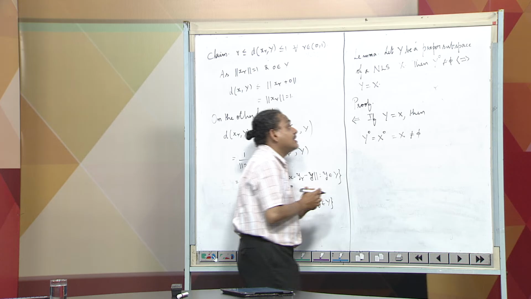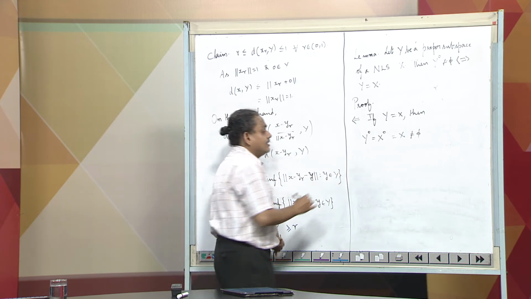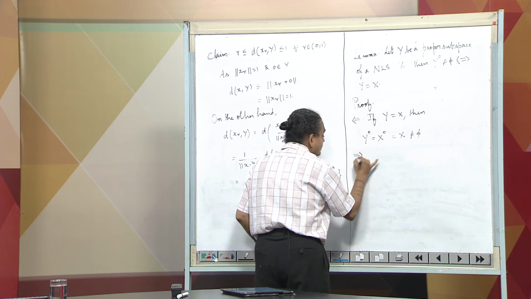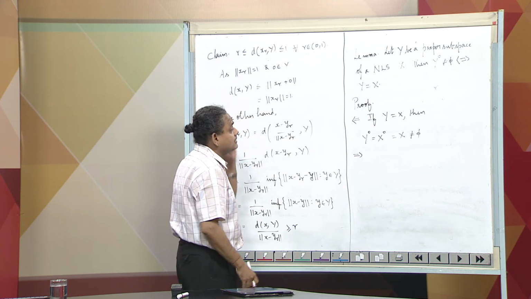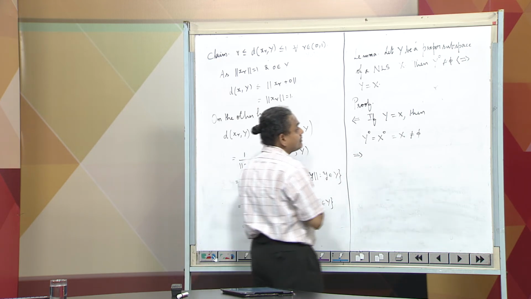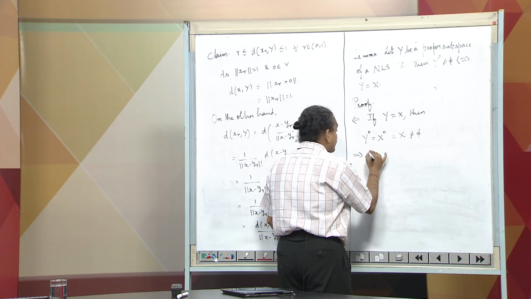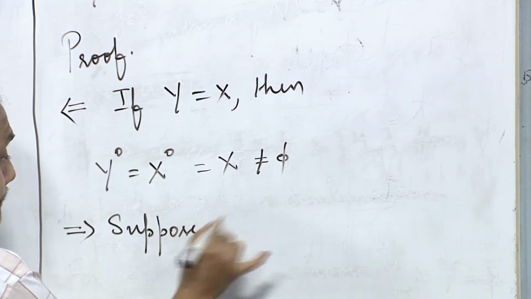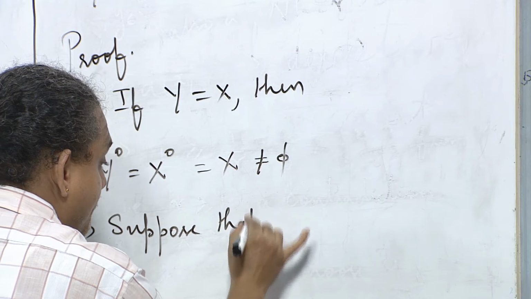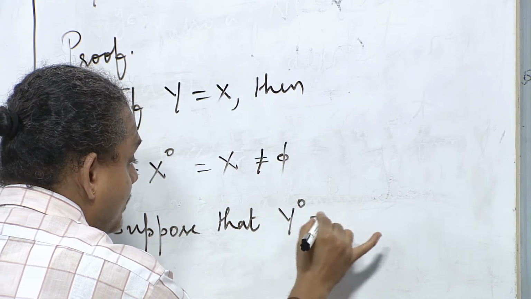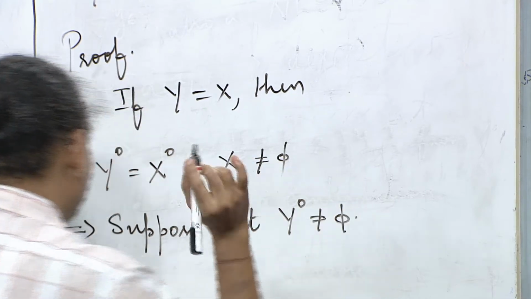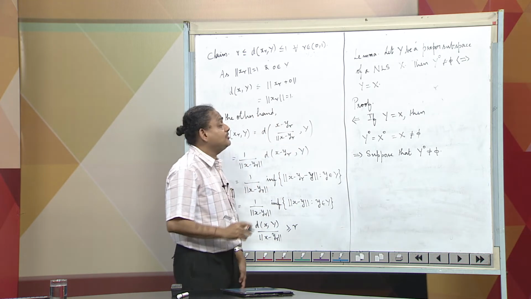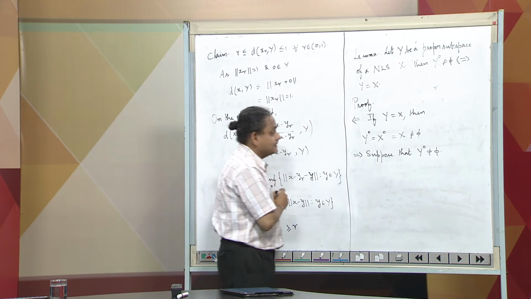That is it, we are done with one part. Now, let us go to the forward part, which is again not a difficult one. Suppose that the interior of Y is non-empty. We will have to show that Y is equal to X.